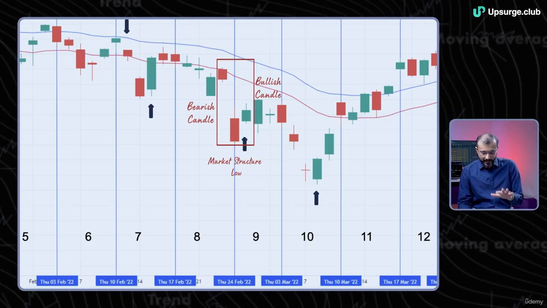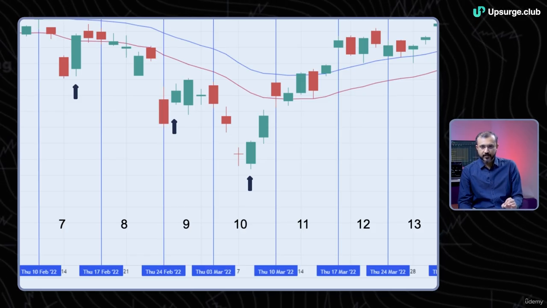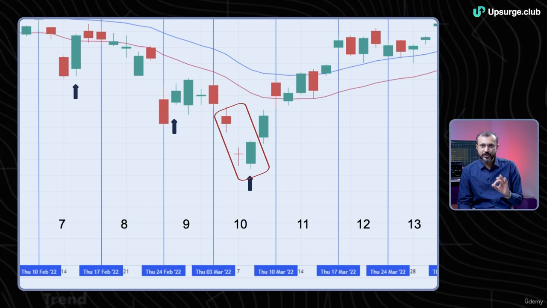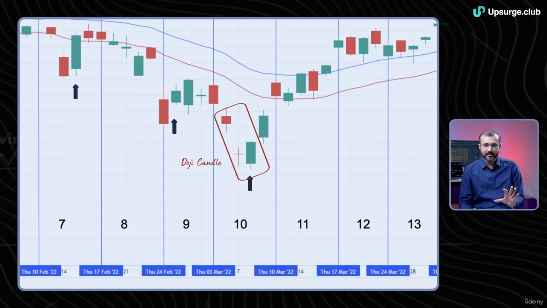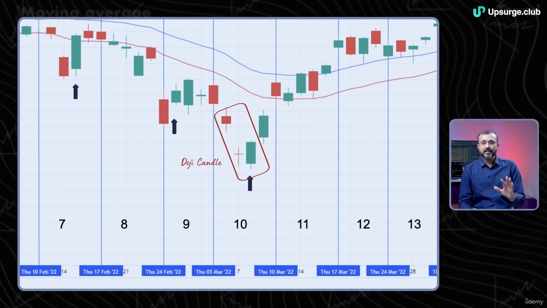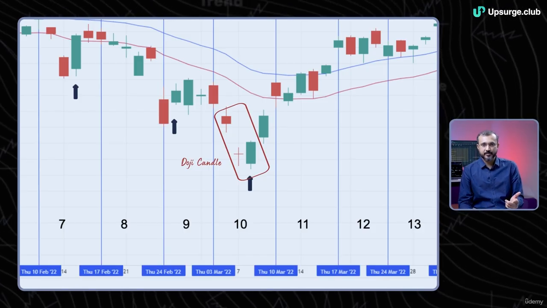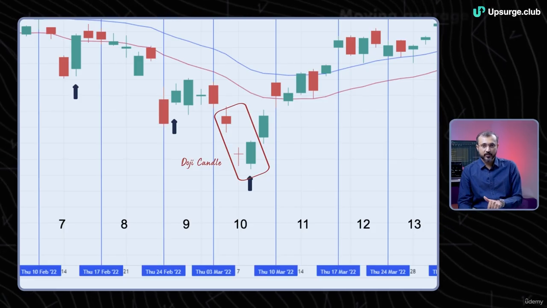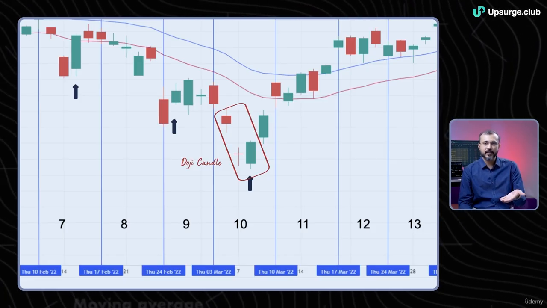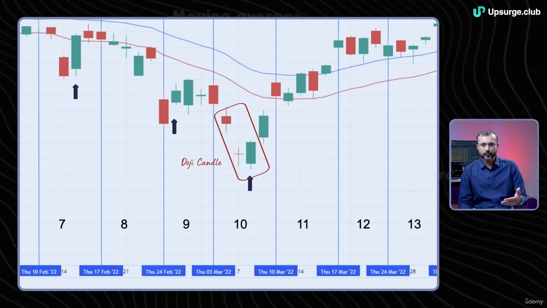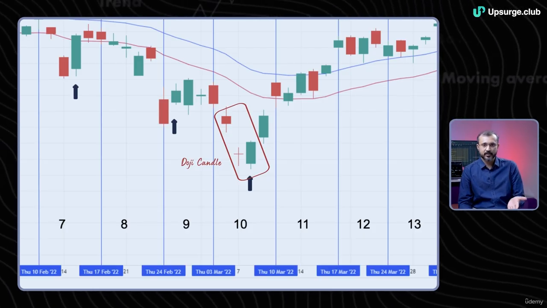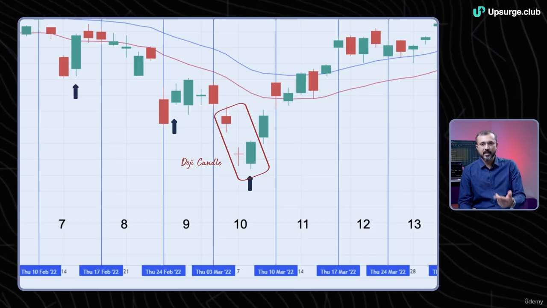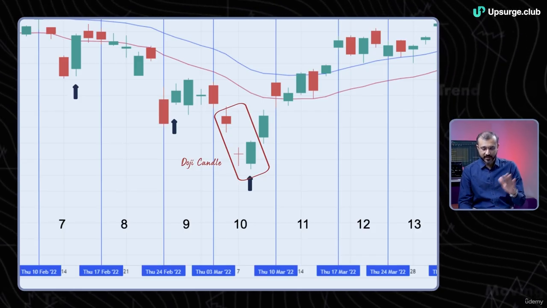On 8th of March, we have two lower closes: a close, then a doji candle, and the third candle is a bearish candle engulfing the previous price. Then the market gapped down, showed very strong momentum and completed itself to form a higher close, with the recent close above the previous open. So two lower closes and one higher close suggest that this is a market structure low.